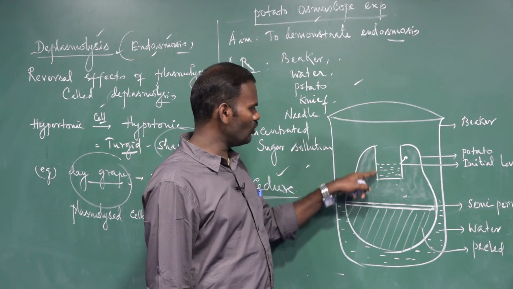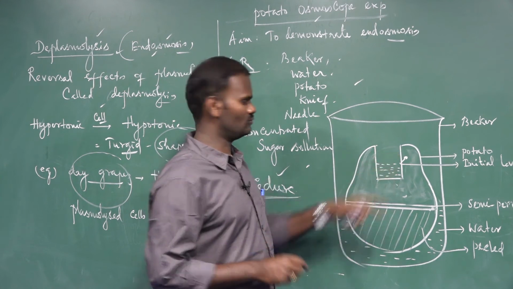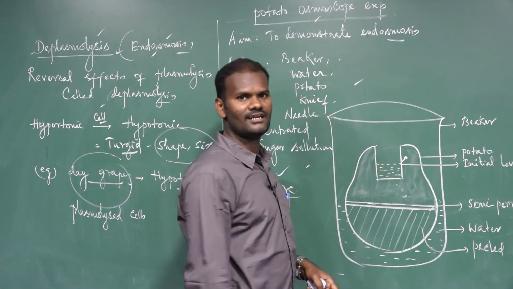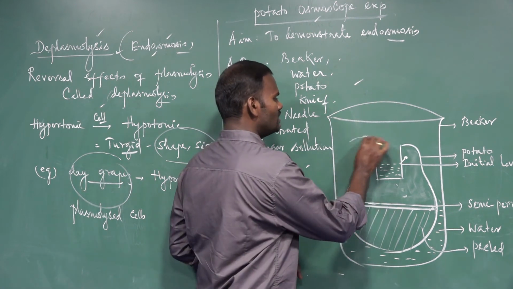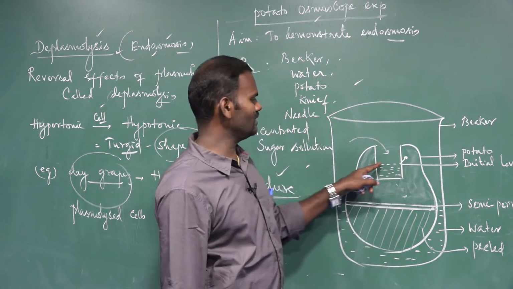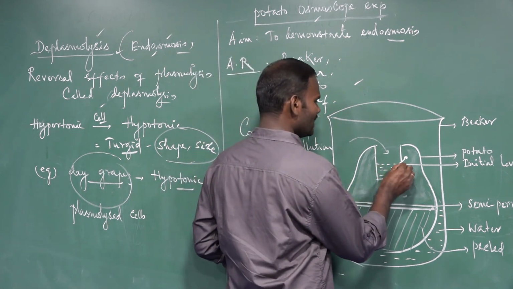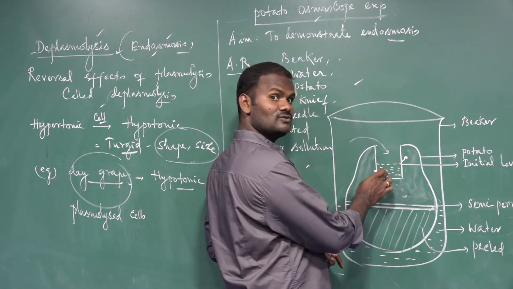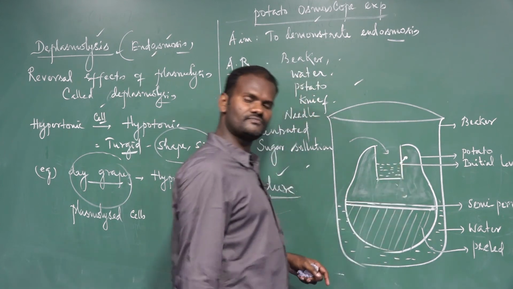Make a hollow cavity at the center of the potato with the help of a knife, and pour concentrated sugar solution into the hollow cavity. Mark the initial level of the concentrated sugar solution by inserting a needle in the wall.